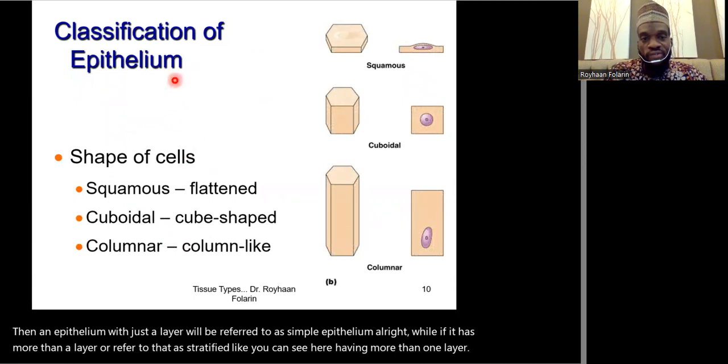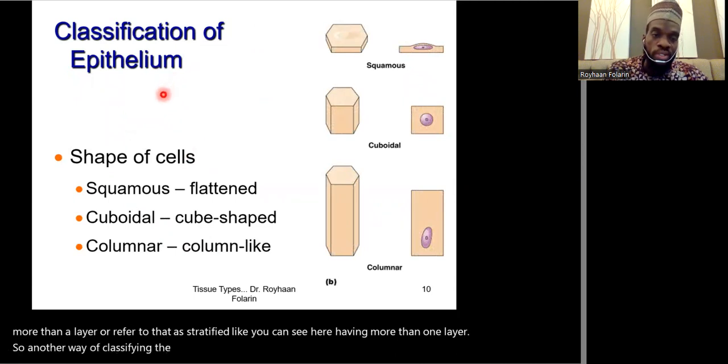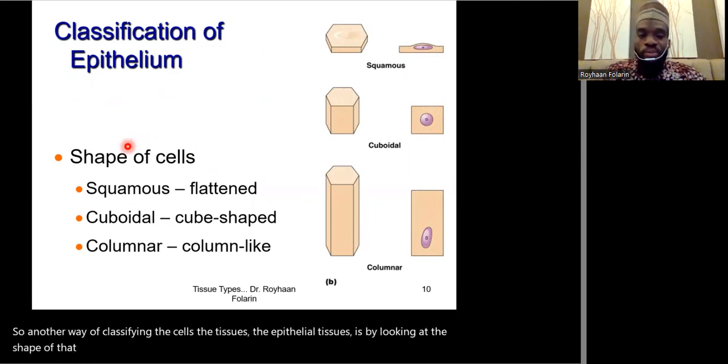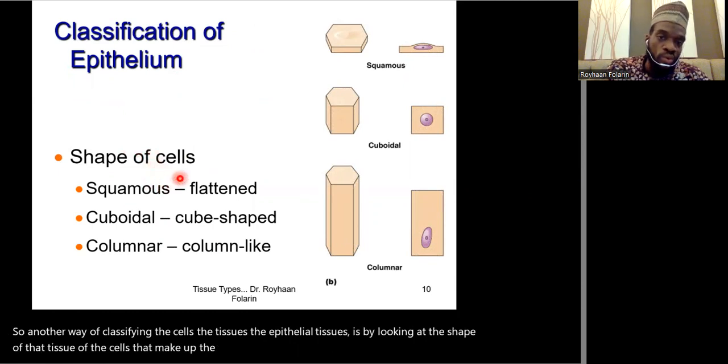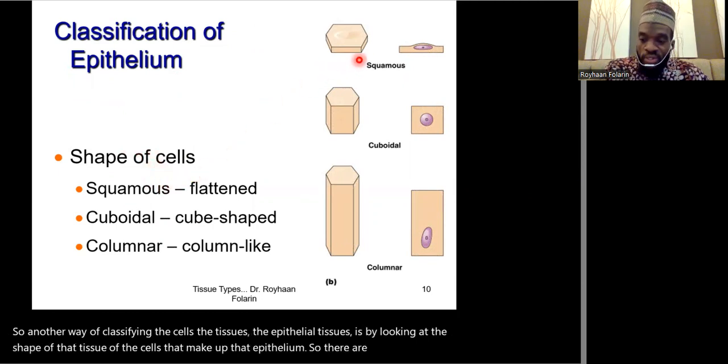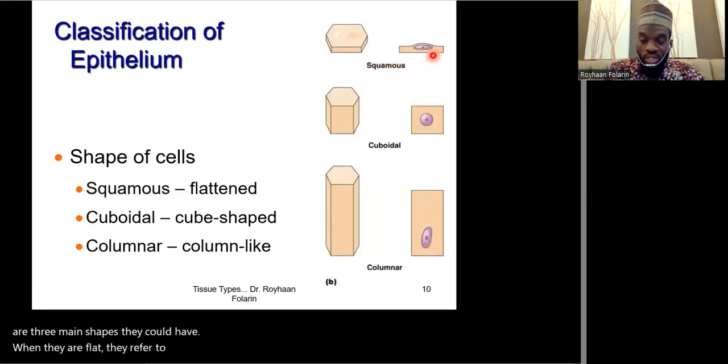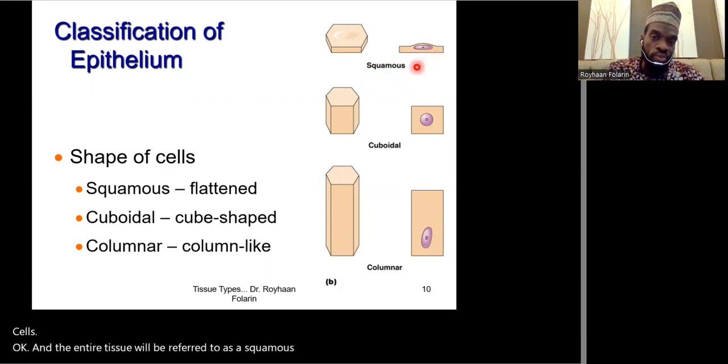Another way of classifying the epithelial tissues is by looking at the shape of the cells that make up that epithelium. There are three main shapes they could have. When they are flat, they are referred to as squamous cells, okay? And the entire tissue will be referred to as a squamous epithelial tissue.